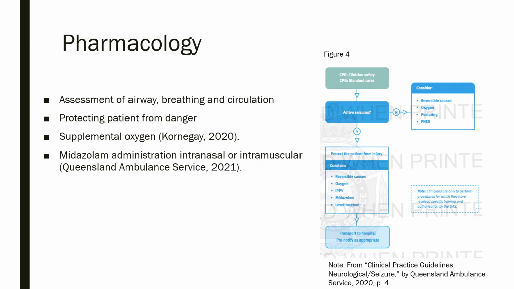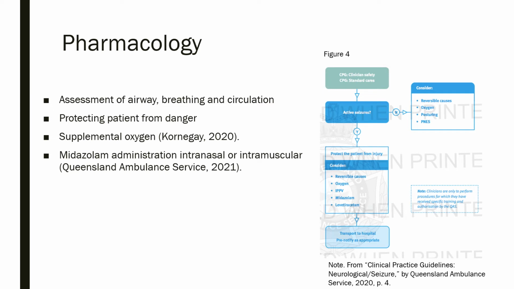Nonetheless, Queensland Ambulance Service guidelines recommend 5 mg of midazolam, either intranasal or intramuscular, as a frontline treatment for generalized or focal seizures with a GCS below 12, which can be repeated every 10 minutes with a total max dose of 20 mg.